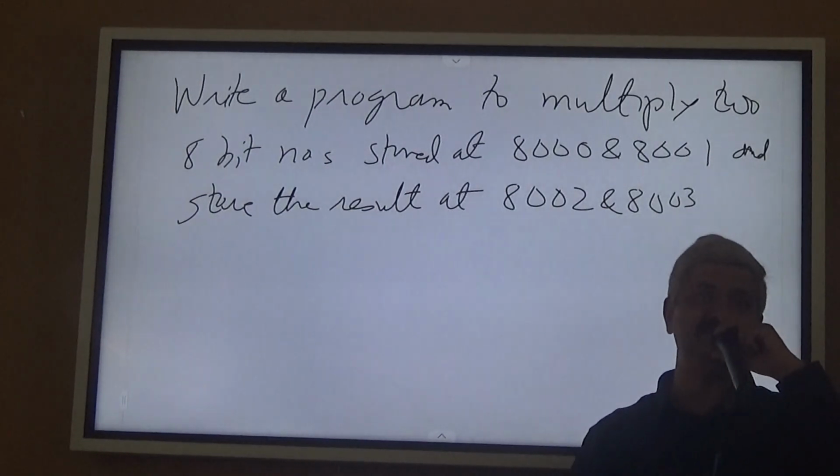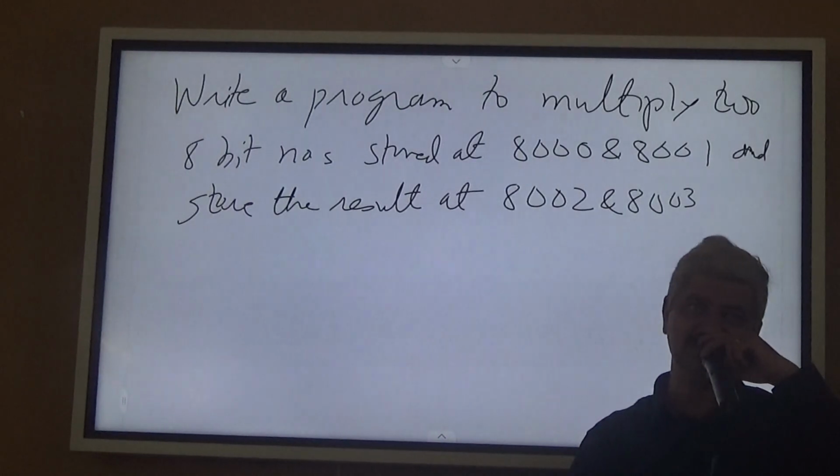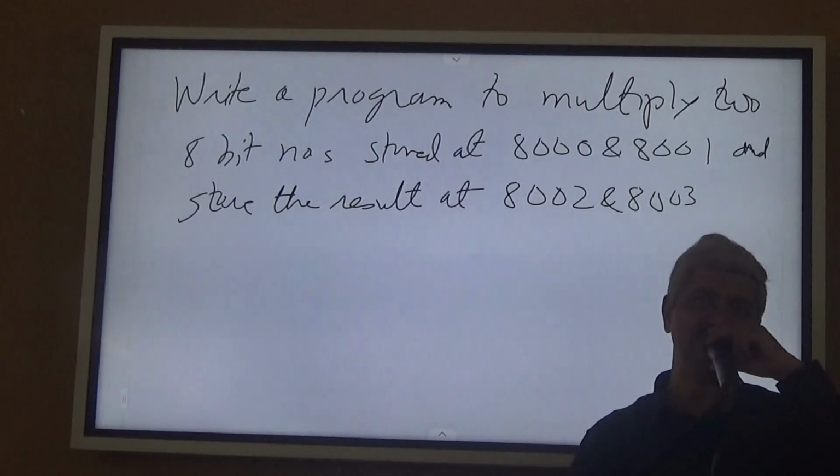Multiplier times multiplicand. Right? So put HL with 0, put D with 0, take one of the numbers in E, the other number you can take in A also, perform DAD for A times. That is the answer.